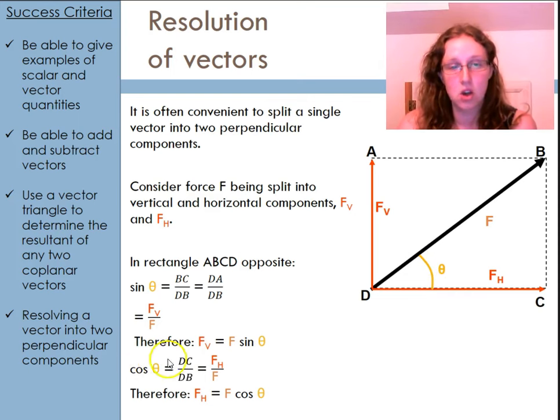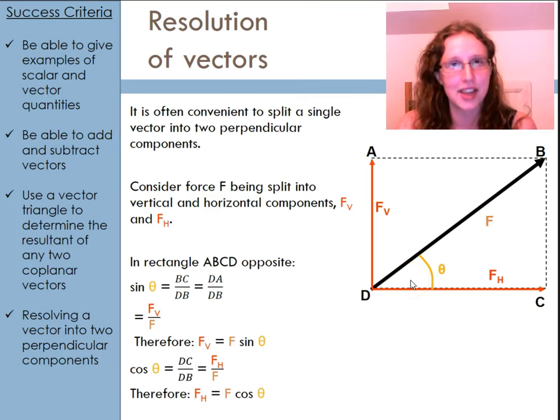Again, I can say cos theta is equal to DC over DB, which is equal to the horizontal component over the magnitude of the force. Because cos, as we all know, we do all know SOH CAH TOA, I'm assuming. So silly old Harry caught Annabelle having tea one afternoon, so caught Annabelle having, so adjacent over hypotenuse.